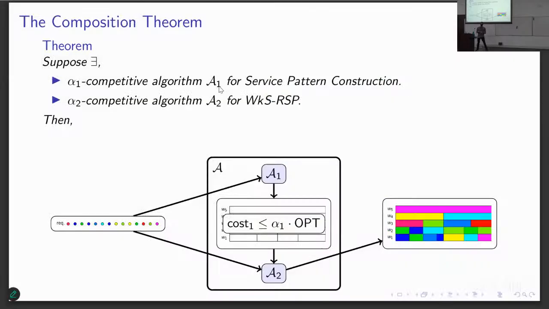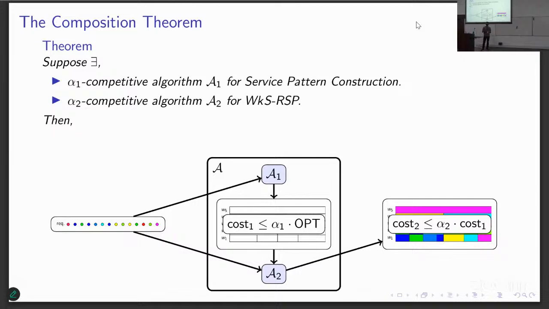The cost of the output of A1 is at most alpha 1 times opt, because that's from the guarantee that A1 is an alpha 1 competitive algorithm. And the cost of the output of A2 is at most alpha 2 times cost 1, because the algorithm for the reveal service pattern problem competes with the input service pattern.